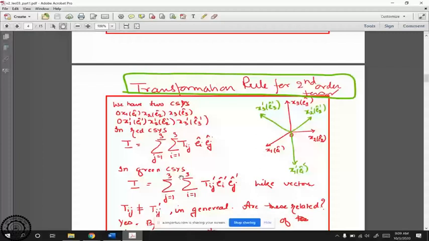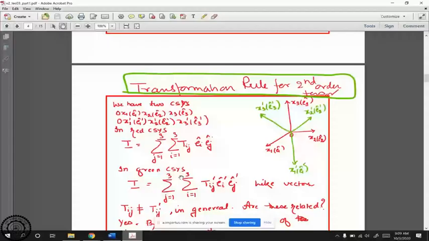So if I take the red coordinate system or the green coordinate system, the components of the tensor will change, but I want the tensor to be the same. It means that the components of the tensor in the green coordinate system and those in the red coordinate system should be tied by some rule. There should be some relationship.